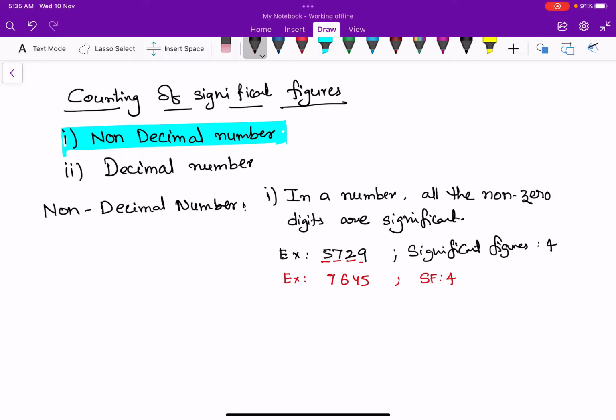Second one: all the zeros, if any, between non-zero digits are significant.